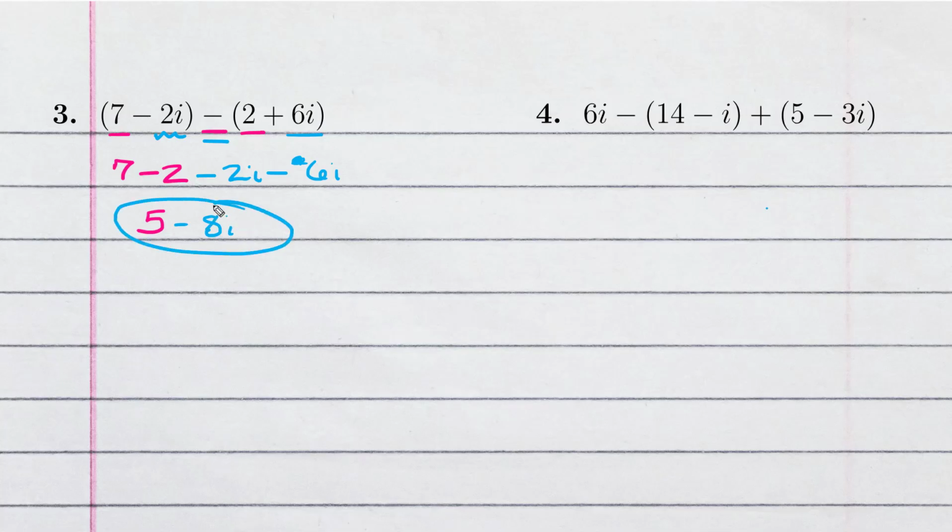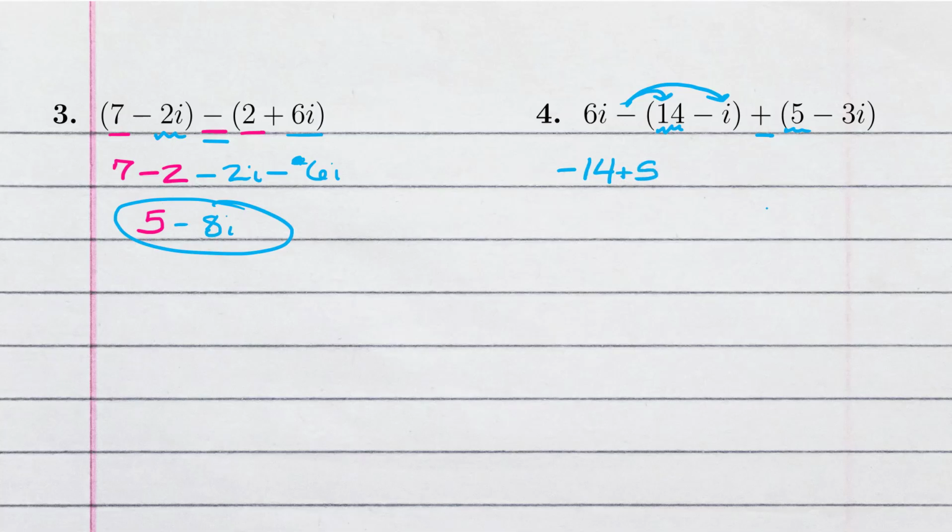And that's it. On number 4, we have more parts, but we're going to still go the same idea. We're first going to look at your real, but we have this negative sign in front, and so that's going to go to both parts in this parenthesis. So we have a negative 14 plus 5.